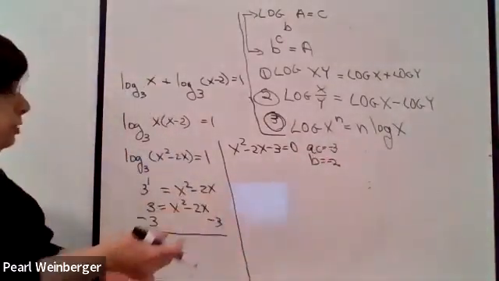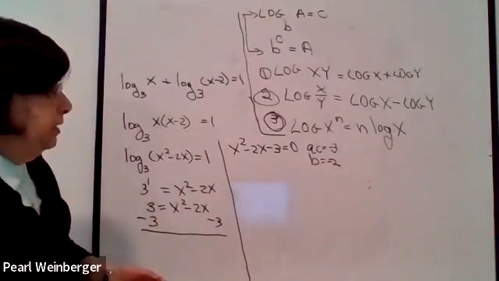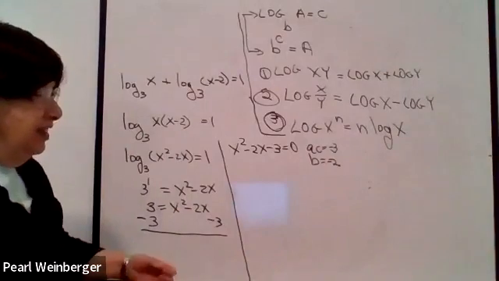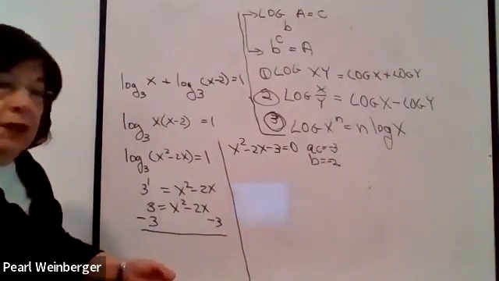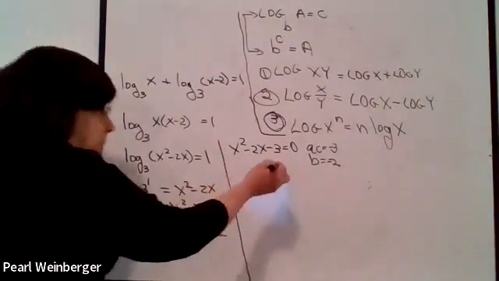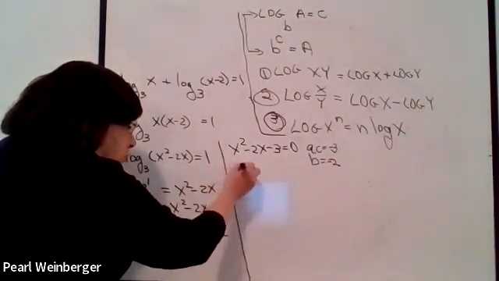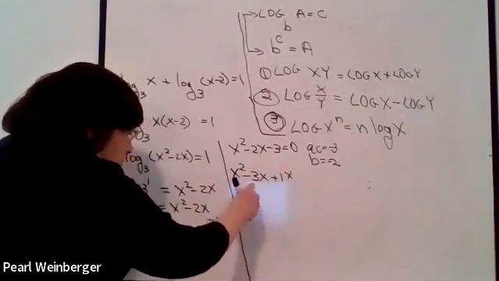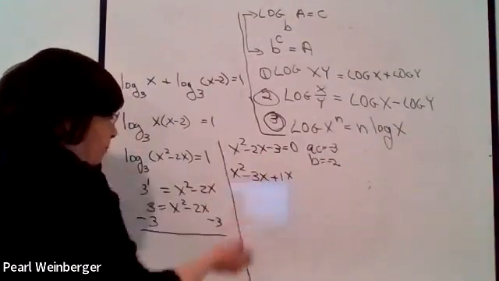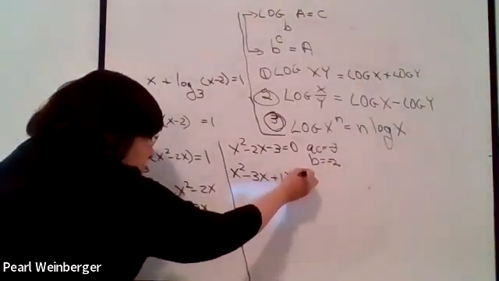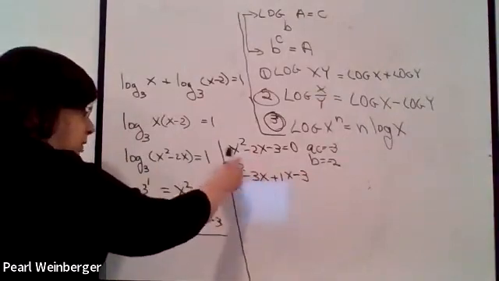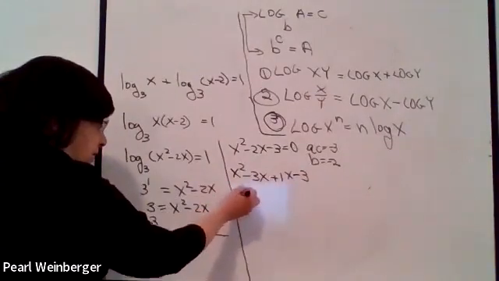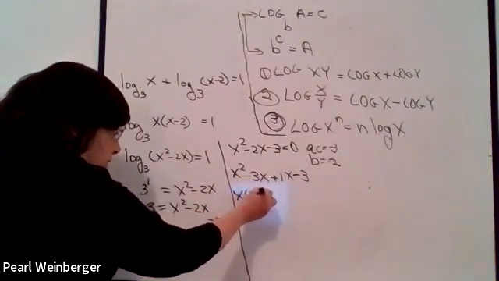So I'm looking for 2 numbers that when I multiply them will give me negative 3, but when I add them, they're going to give me negative 2. I think everybody will realize it's negative 3 and positive 1. So I'm going to write this as x squared minus 3x plus 1x minus 3. So the negative 3x and the 1x give me my negative 2x. And I'm going to factor each group. Here I'm going to take out the x and get x minus 3.